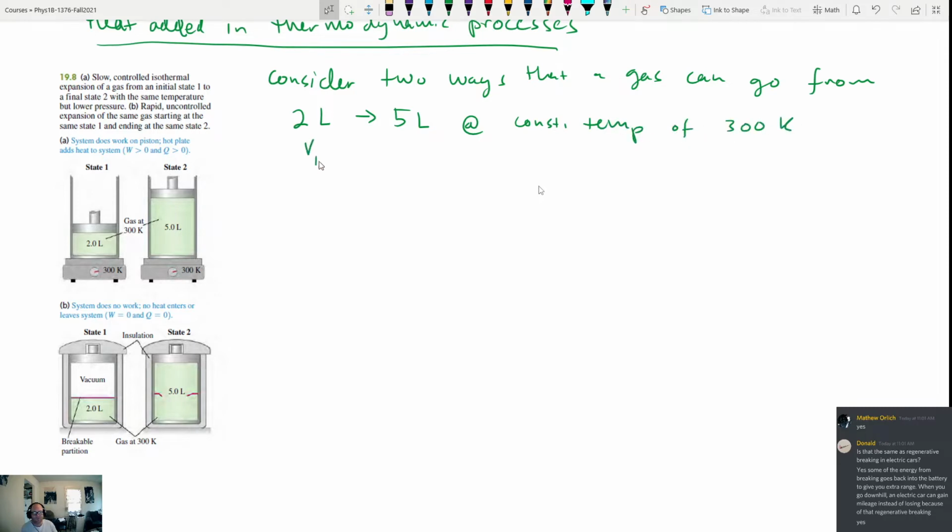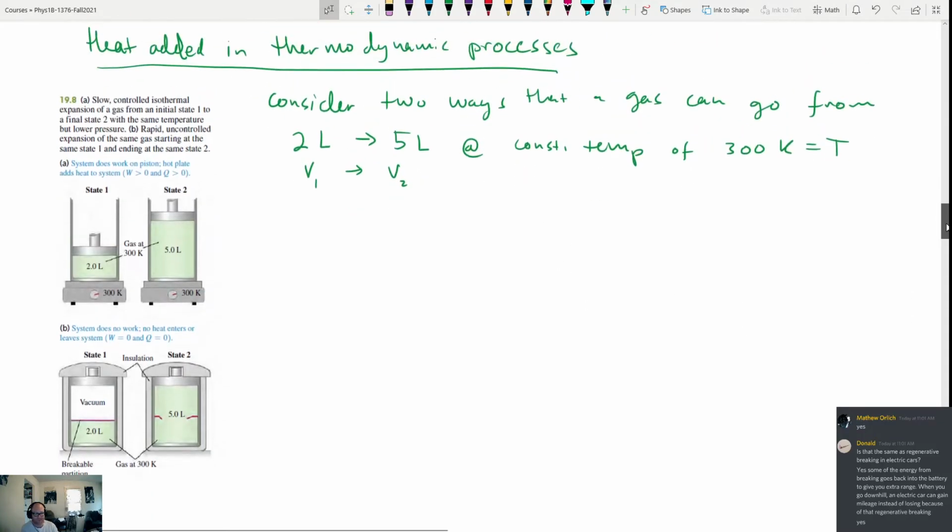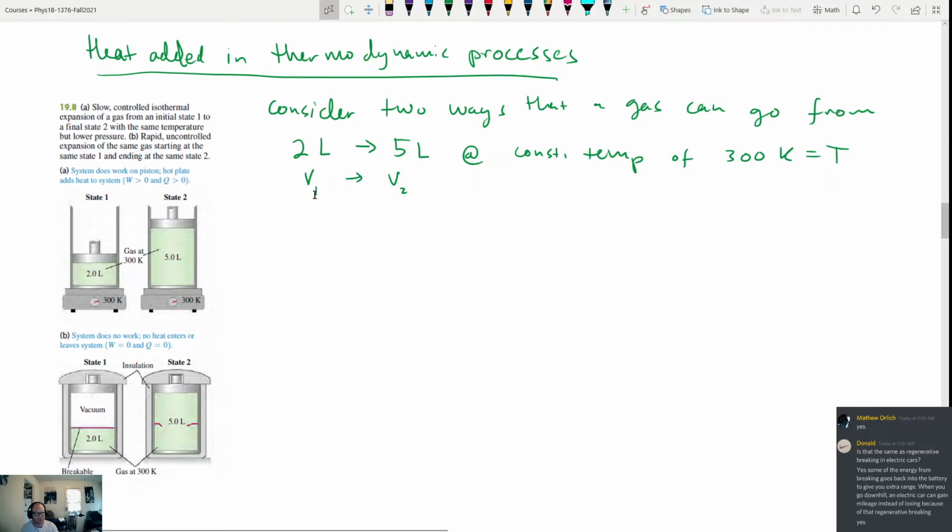So the gas goes from V1 to V2 of 2 liters to 5 liters at a constant temperature of 300 Kelvin, okay? And the idea will be that we're going to take the gas between these 2 states, okay? This is state 1, this is state 2. And we're going to say that they start and end in the same state, okay?